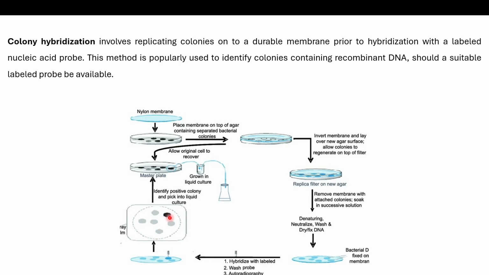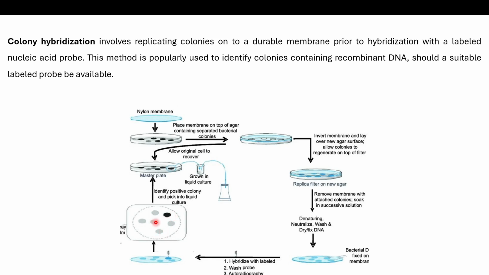This area is the positive colony, which can be further cultured and grown to produce multiple copies, and then pelleted down by centrifugation. These bacterial cells contain the recombinant plasmids.